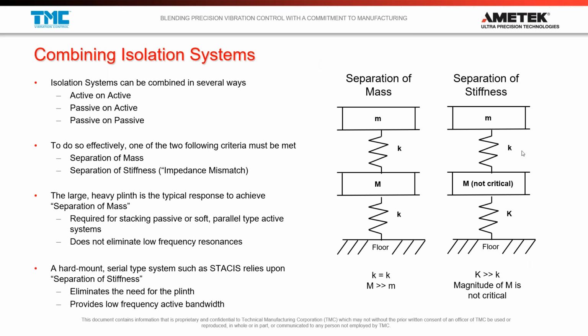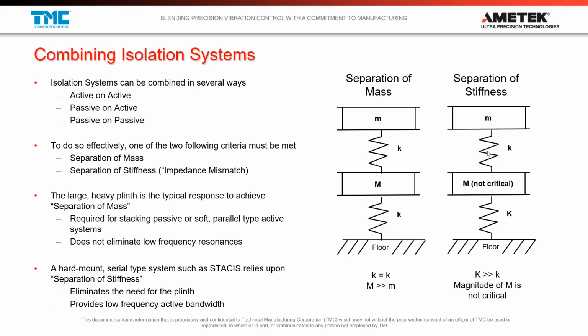I should also add that you could put an active system on top of an active system, and that would really only work in a case where it's an active system that is supported by a soft spring, because most of those soft springs I had mentioned before are typically low frequency springs.